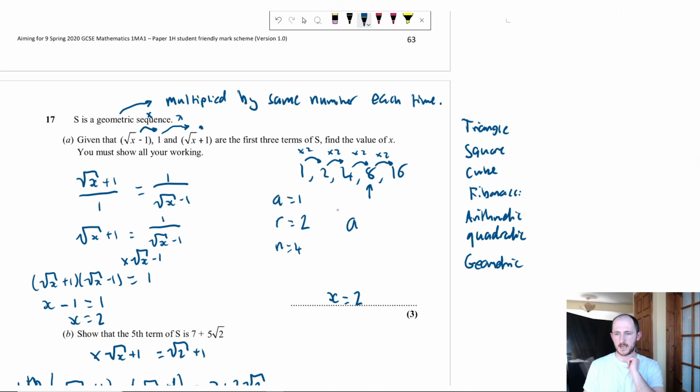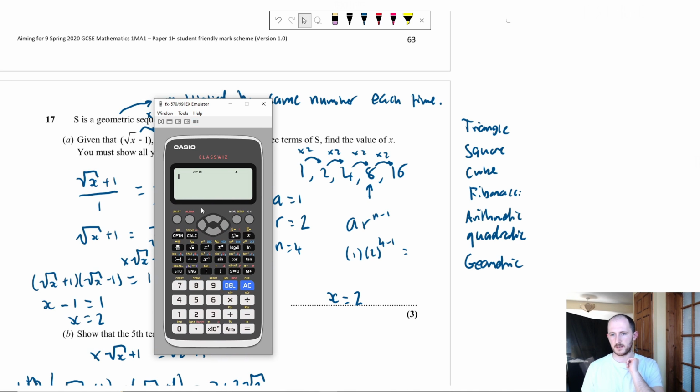If you remember, my equation was A r to the n minus 1. So I do 1 times 2 to the 4 minus 1. Again, this might be a relatively easy example, but you can do it. So if I open the calculator, you get 8, as we expected.